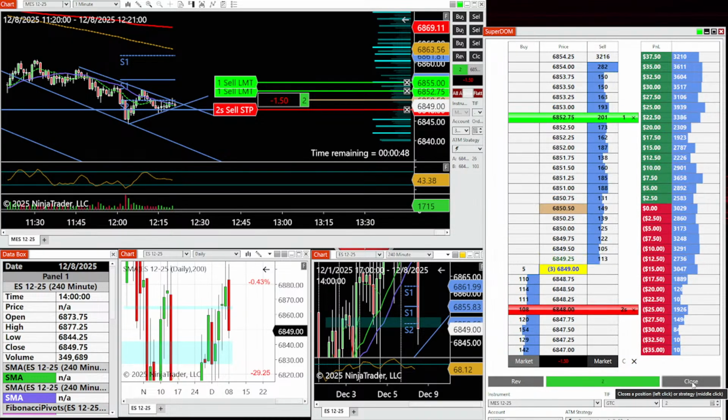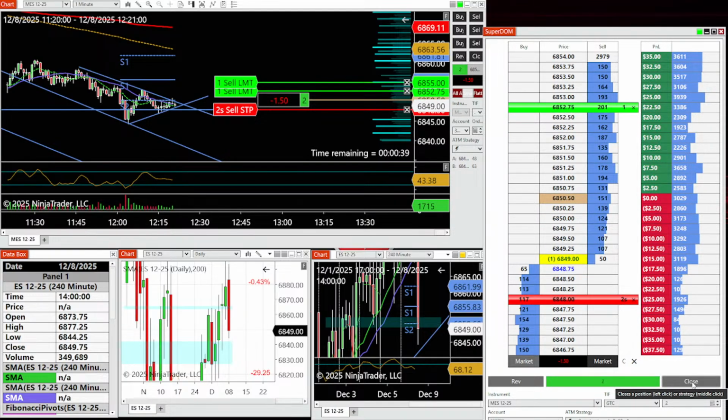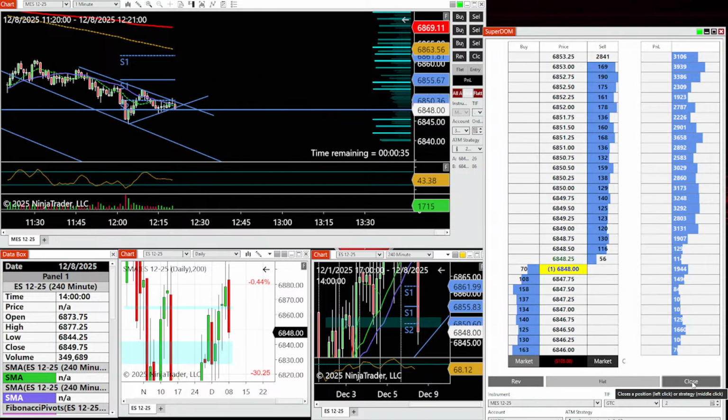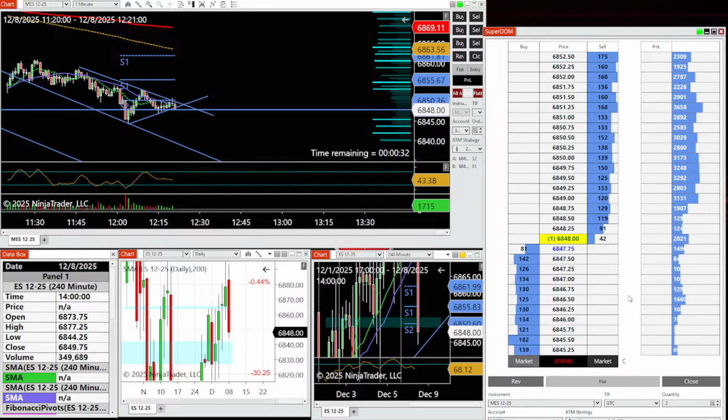Faking out the longs. Squeeze us out. Looks like the longs are gonna be squeezed out. Shorts are still in control.